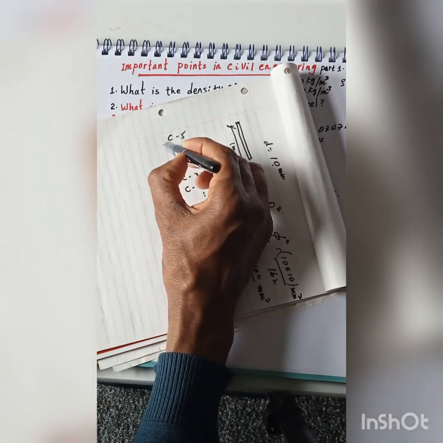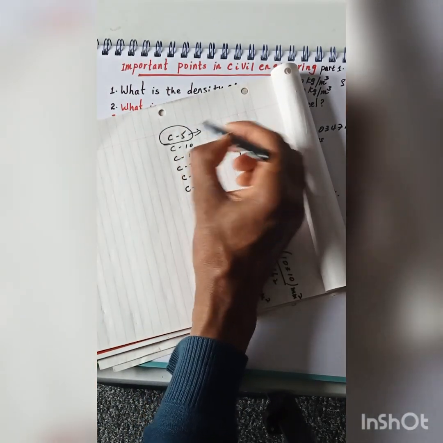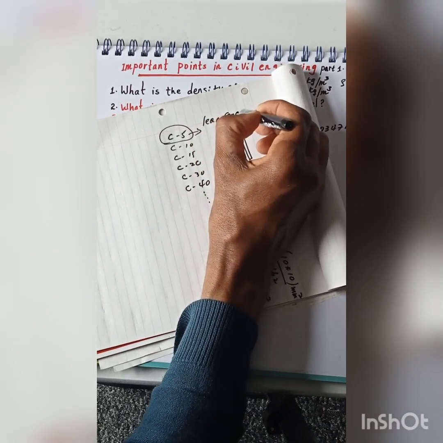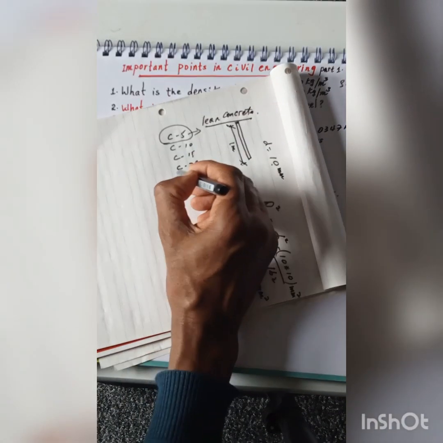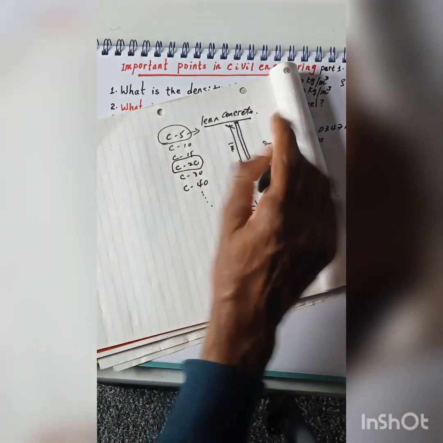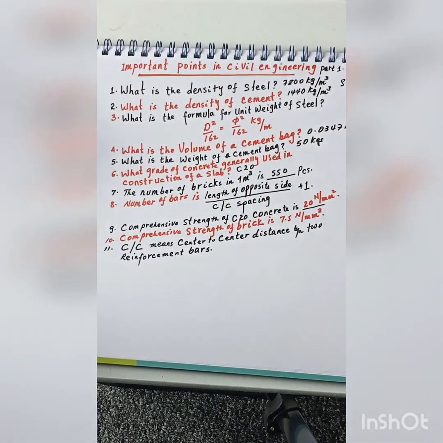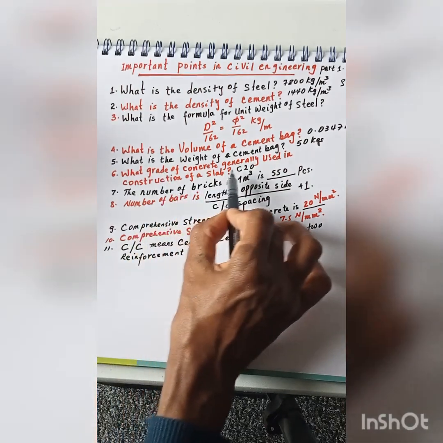For instance, C5 is mostly used for lean concrete, which is foundation concrete. Therefore, C20 is generally used for the construction of a slab.